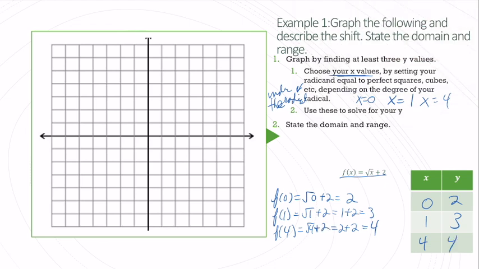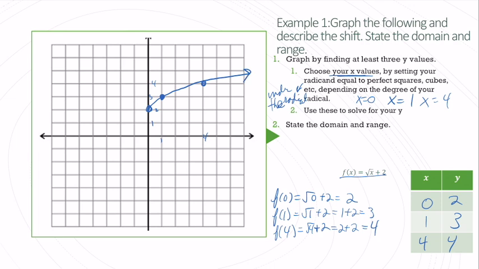So now I've got 3 points I can plot. Typically for a square root or a cube root, you're going to want at least 3 points. When x is 0, y is 2. When x is 1, y is 3. And when x is 4, y is 4. And I connect those points.